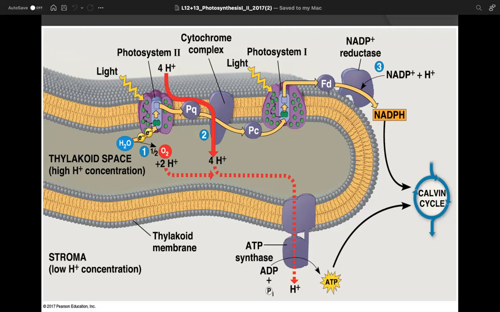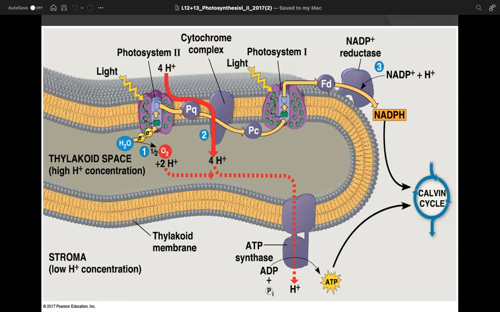And what you're seeing here is an electron from P680 jumping to the primary electron acceptor of PS2. When that happens, this P680 becomes positively charged because it just lost an electron.